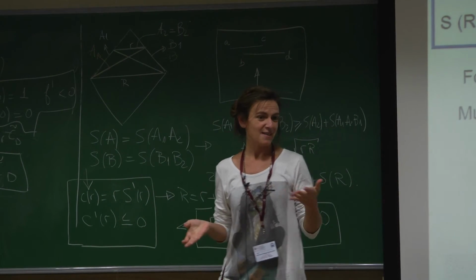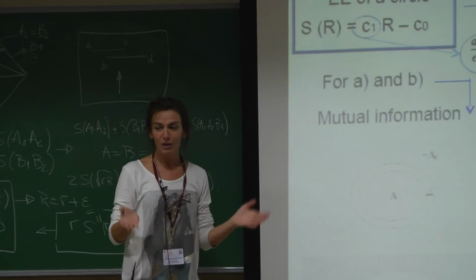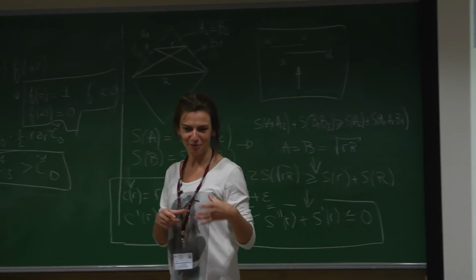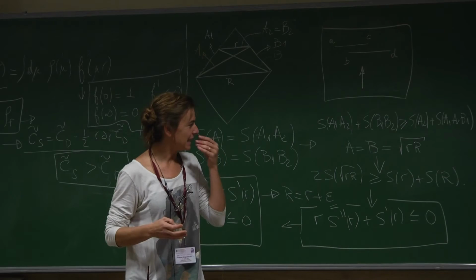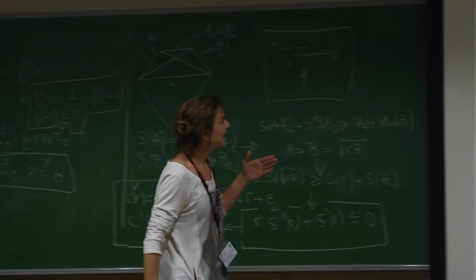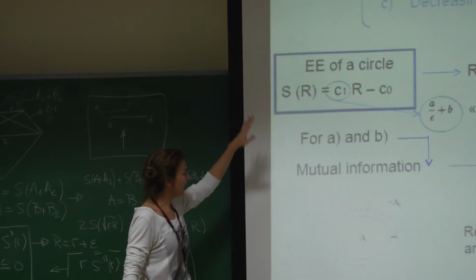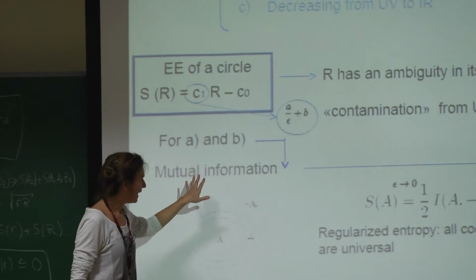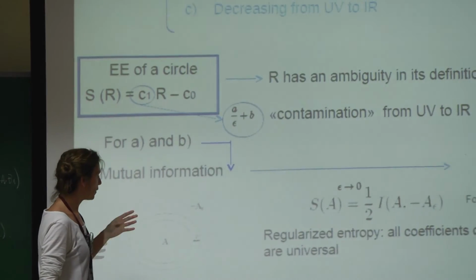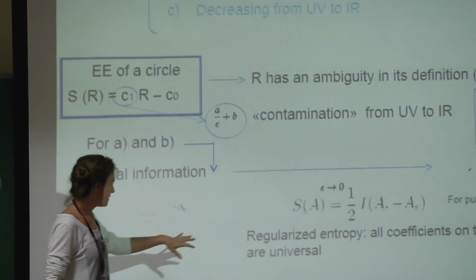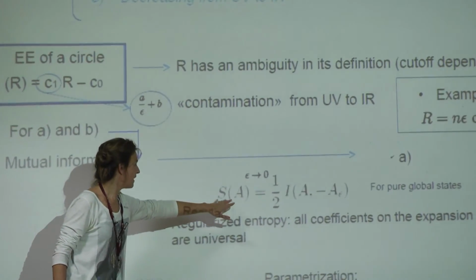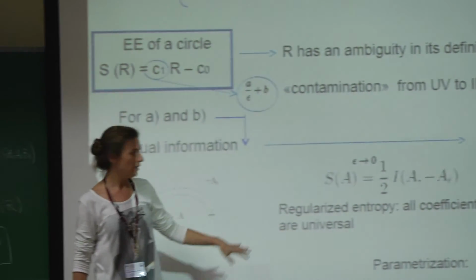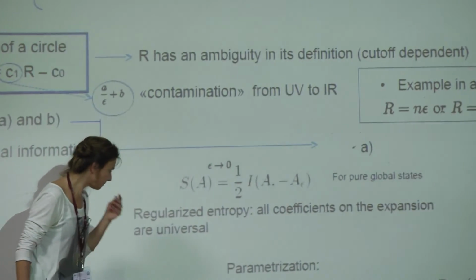But it would be nicer if you have all the arguments in the same framework. So the idea is to get rid of these ambiguities. You can use mutual information. And again, we are going to use this way of regularizing the entropy using the mutual information.